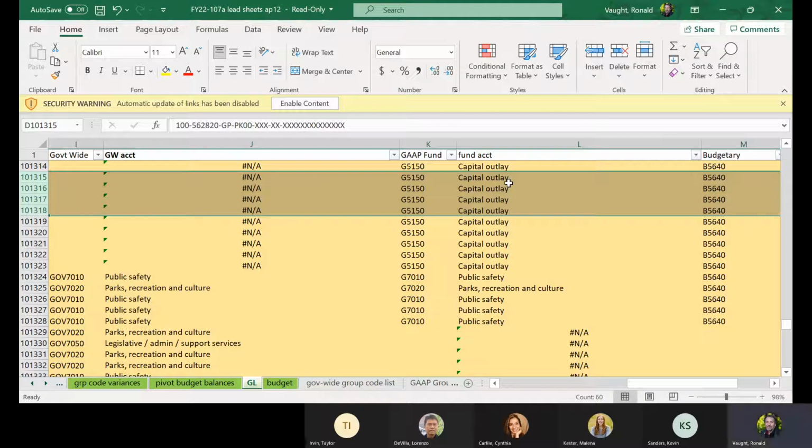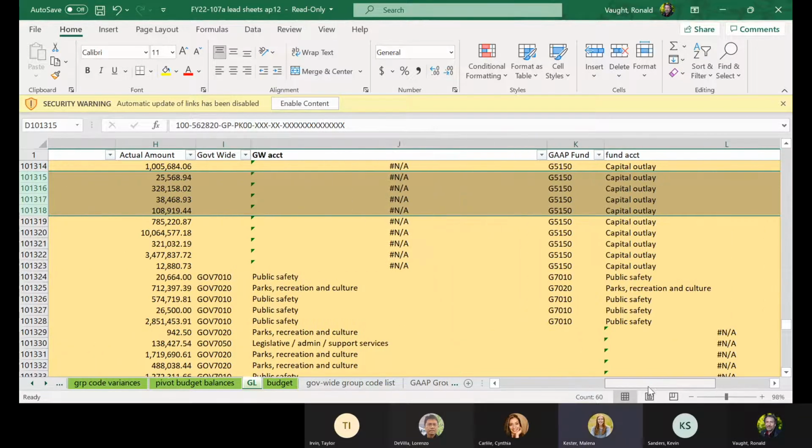I guess we shouldn't have these capital outlays here since we're not implementing GASB 87 for budgetary basis. That makes sense or not make sense? Yeah, that makes a lot of sense.